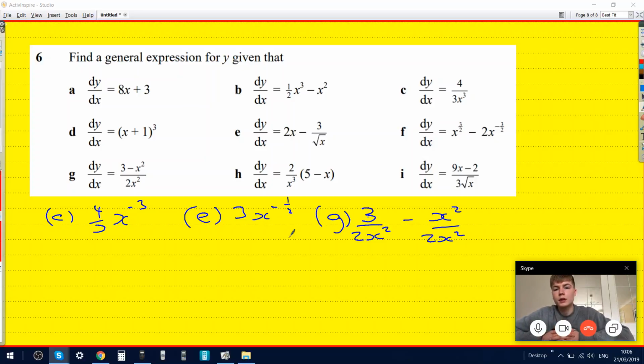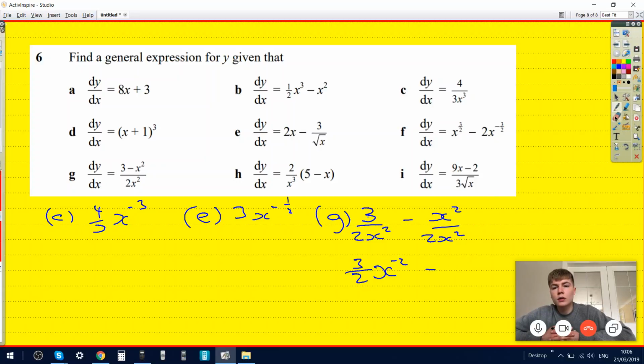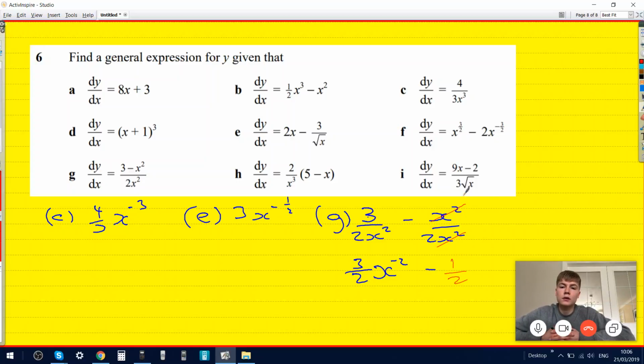Three over 2x. 3 over 2x to the minus 2. Yeah. And then is that just 2 minus 2? Close. If I was to cancel those, 1 over 1. What's a half? Yeah, that's it. That was G.